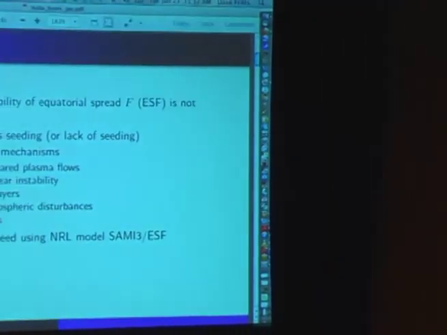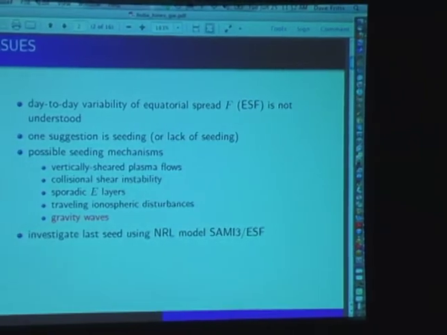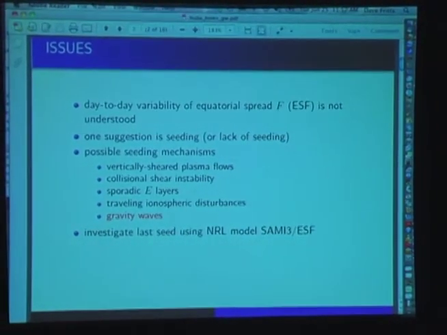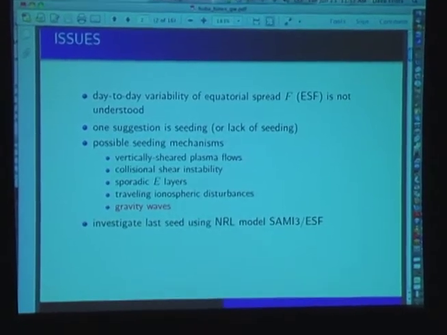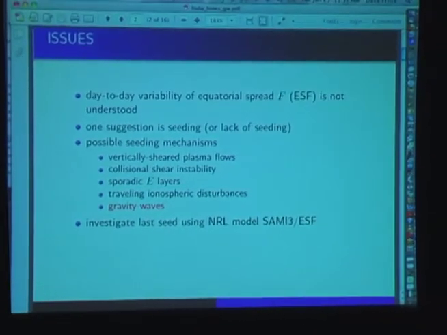Okay, so some recent work we've been doing over the last 6 to 12 months with Dave and Dave Heisel and others. So equatorial spread F, when I give this talk, it's always to people that know about equatorial spread F, but there's a lot of gravity wave people here that maybe don't know about it, and I failed to give a good tutorial.